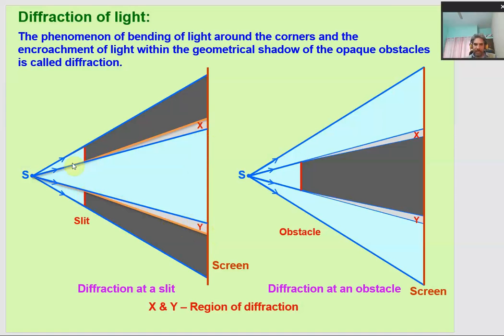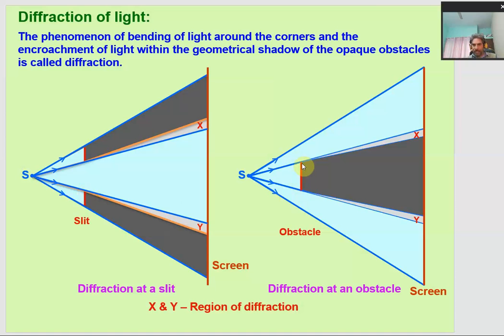When light bends, it is not the property of a ray but a property of the wave. Only when light behaves as a wave can it show this bending around the edges of this opening or slit.